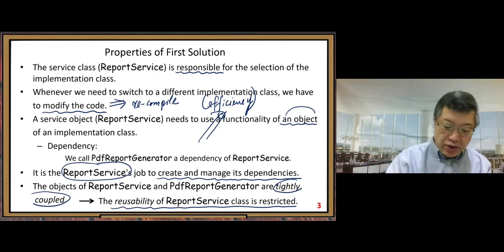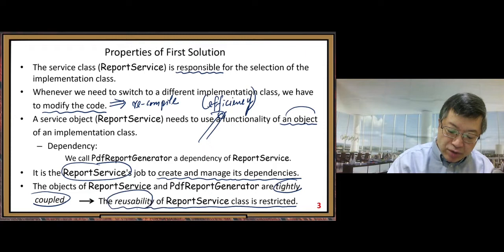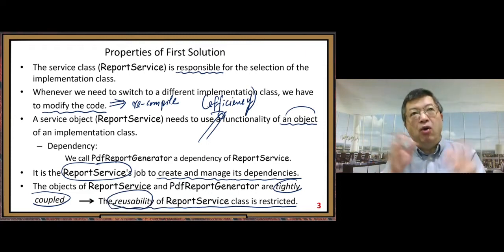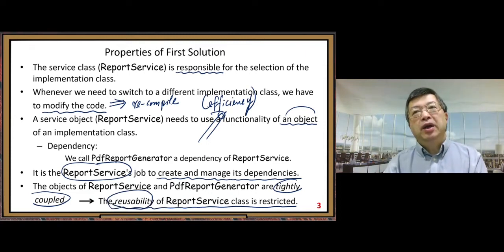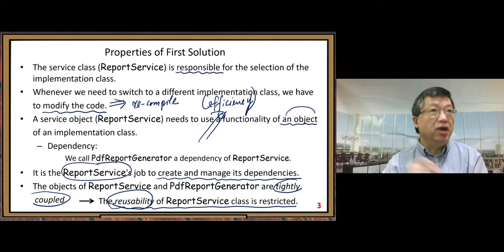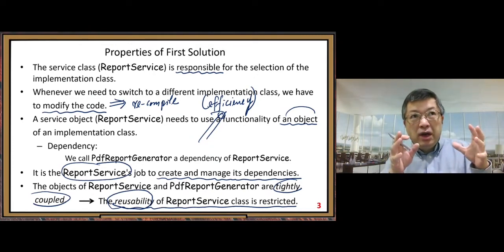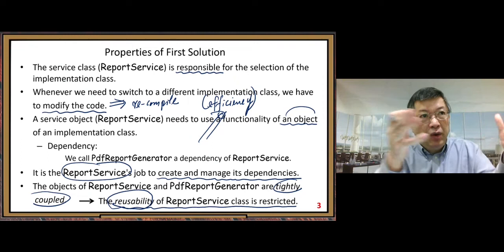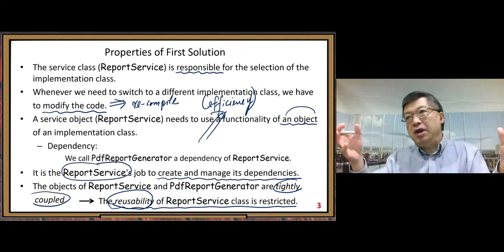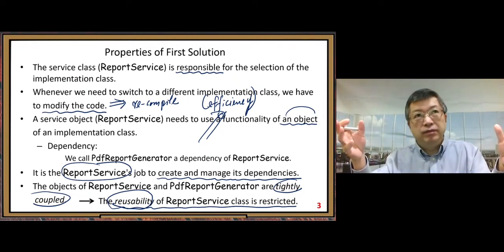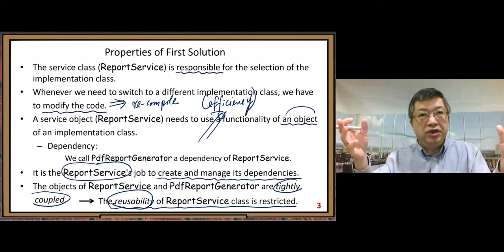Let me explain this reusability a little more. In software development, reusability is very important. It's related to efficiency also. When you develop a new project, you don't want to start everything from scratch. Although you can, it is not efficient, very slow.